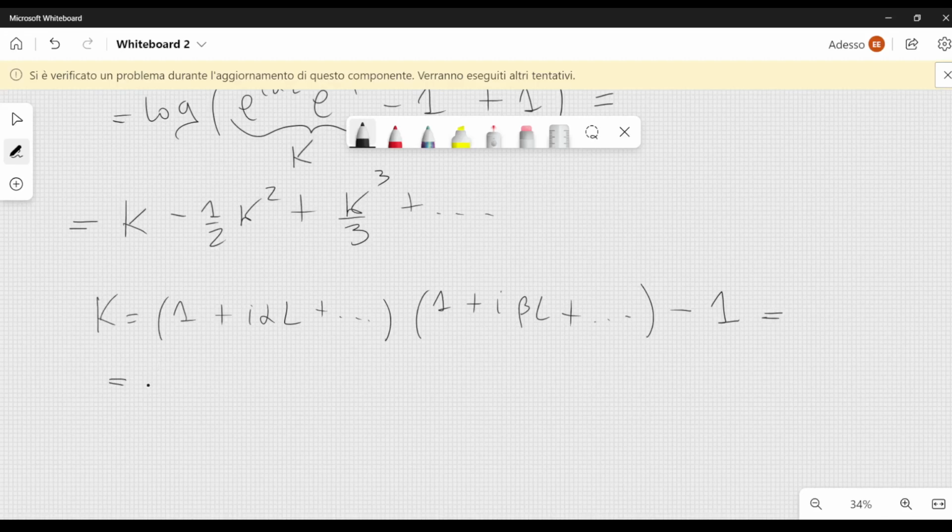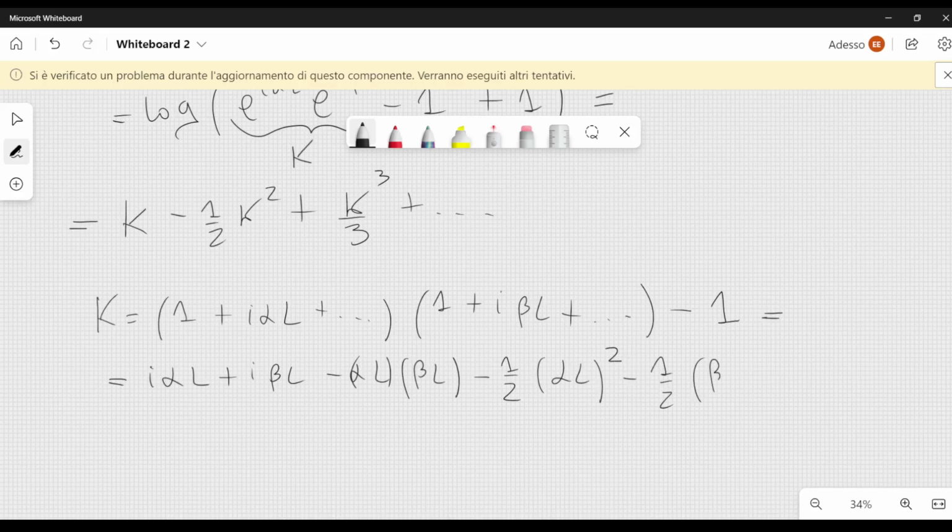Now you can rewrite this by considering some terms. When you do the multiplication, you get I alpha L plus I beta L minus alpha L beta L. And then if you consider also the second order terms, when you multiply them by 1, you get minus 1 half alpha L squared minus 1 half beta L squared. The minus comes from the I, right? The factor I plus dot dot dot, and then you can replace k here.